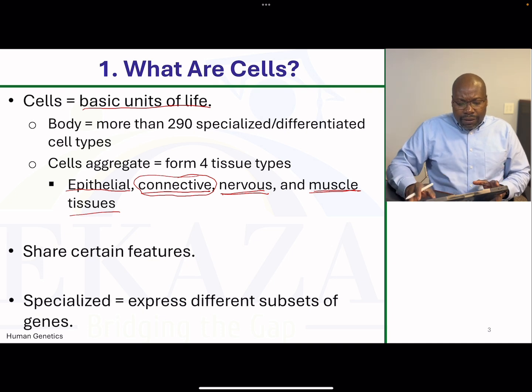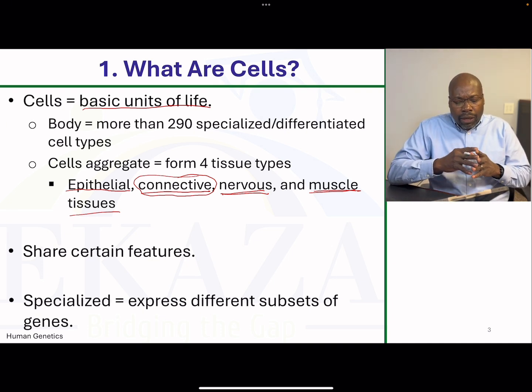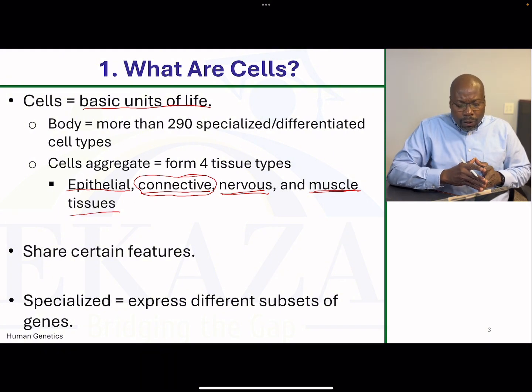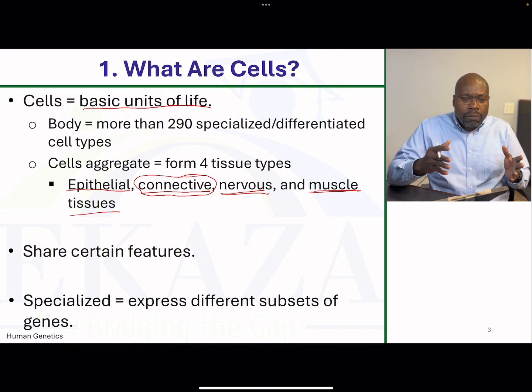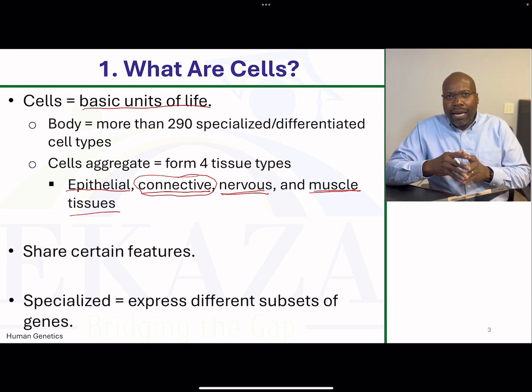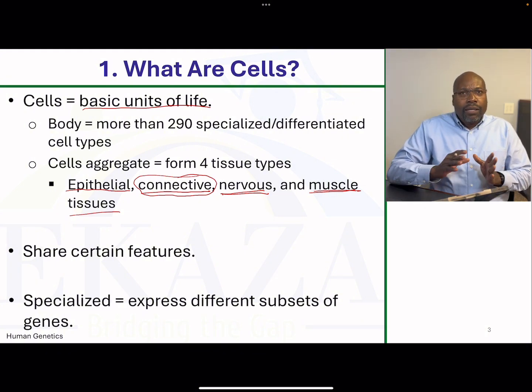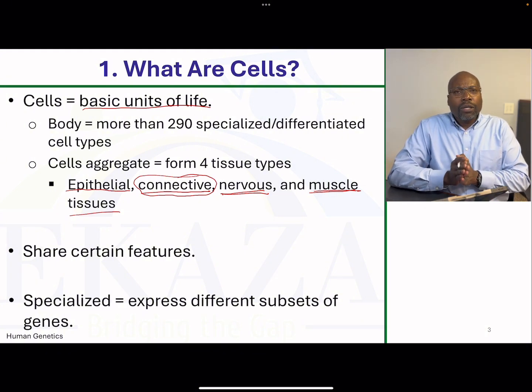Now, cells share a lot in common because they carry all the characteristics of life, right? One can wonder, what caused them to have these different characteristics of life? But that's another story. We can ask the following question.